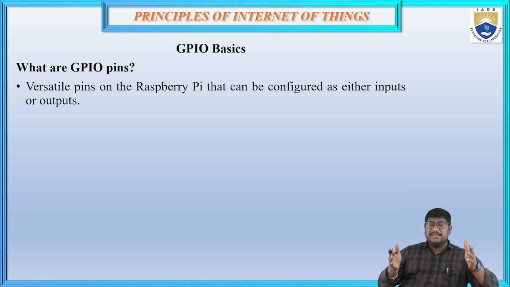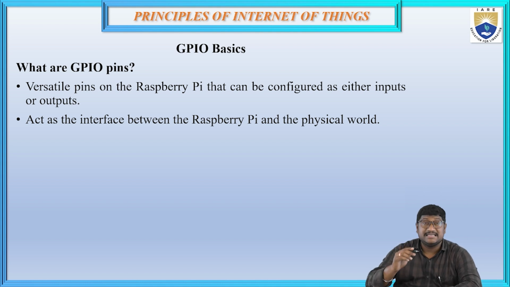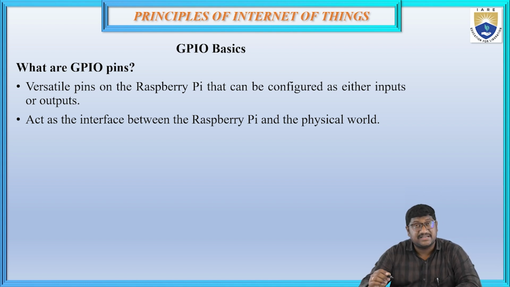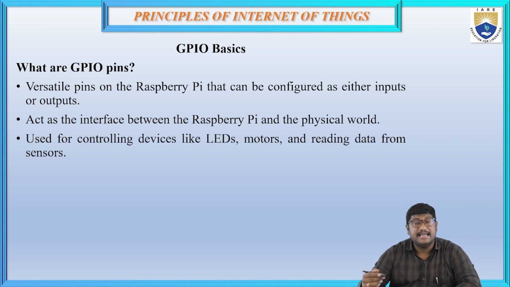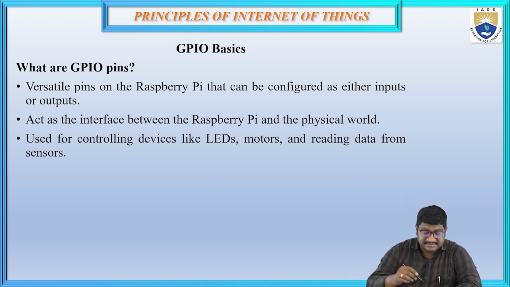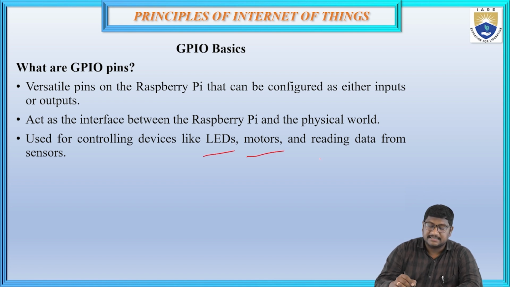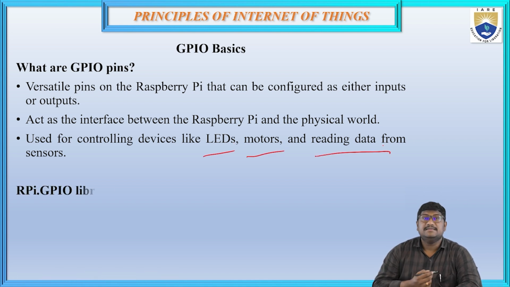These GPIO pins, configured as inputs and outputs, act as an interface between the Raspberry Pi and the physical world. They are used for controlling devices such as LEDs and motors, and for reading data from sensors.